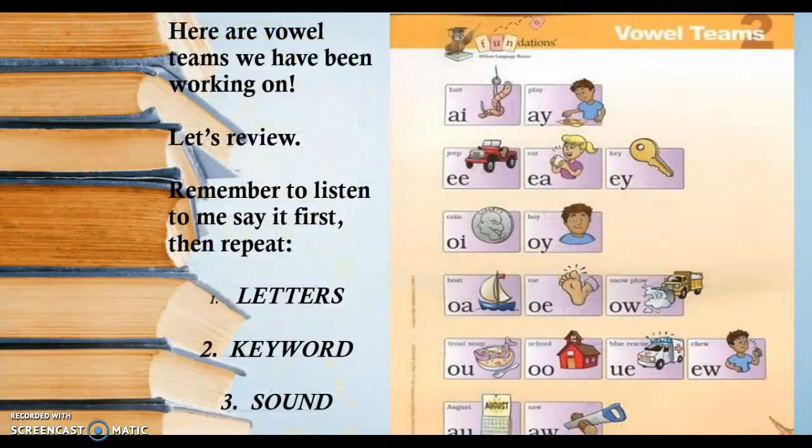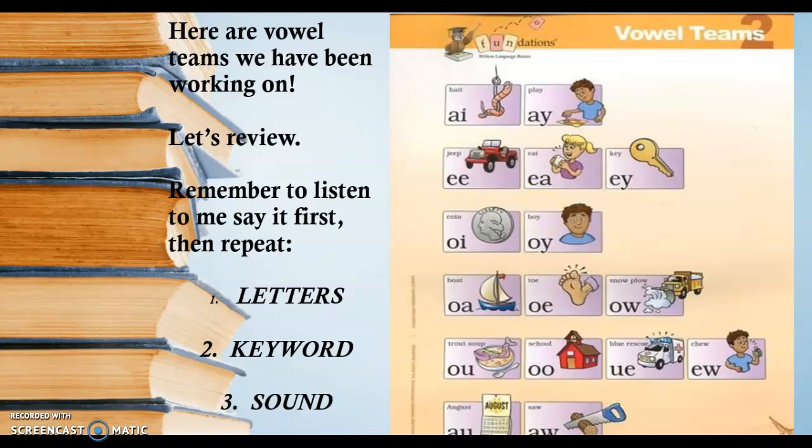Our vowel teams. Let's see, we'll do this row right here. We have AY, play, A. Just underneath that, we have EA, eat, E. OY, boy, oi.